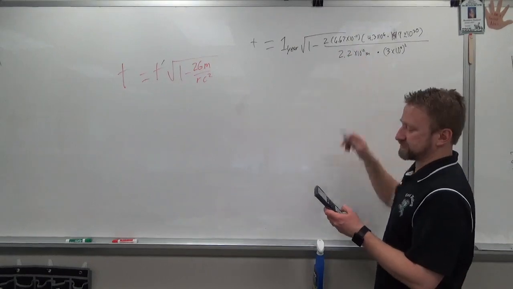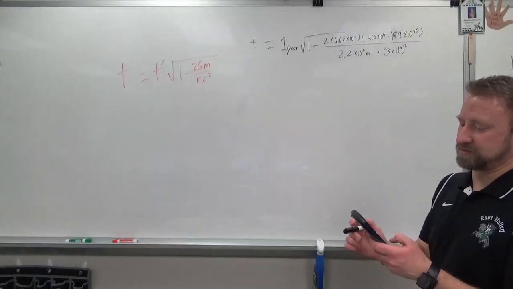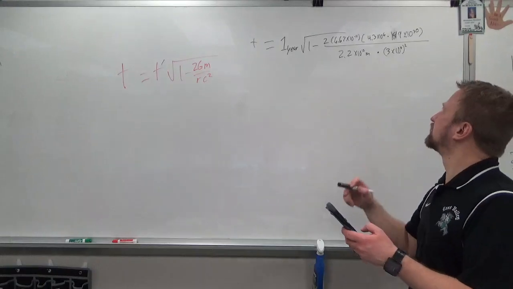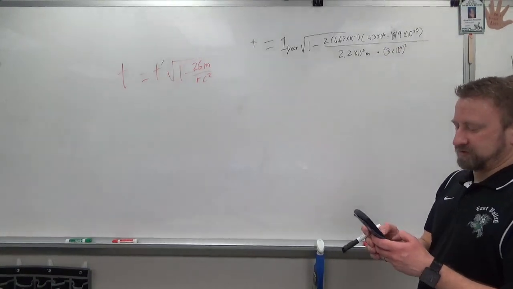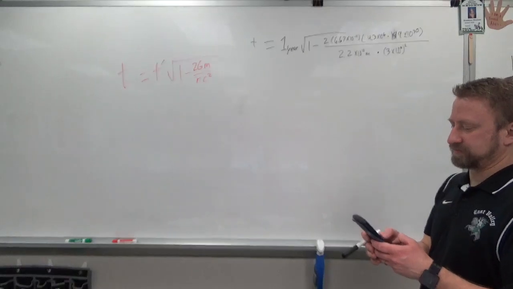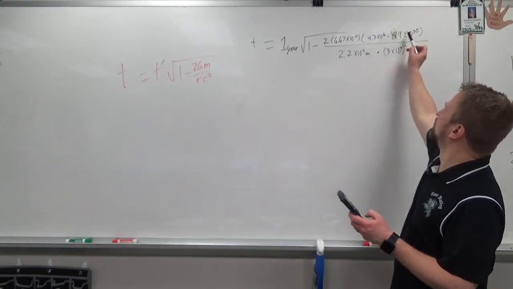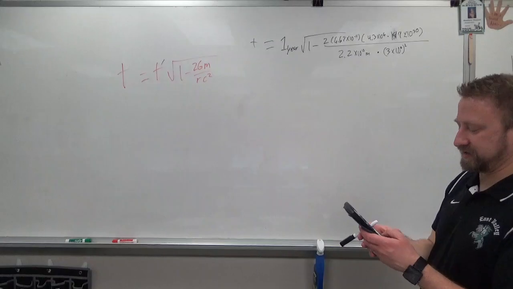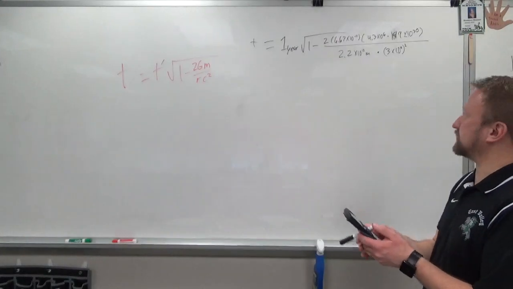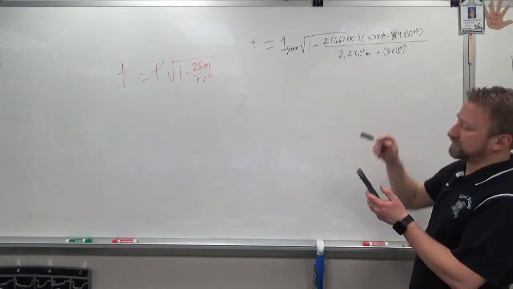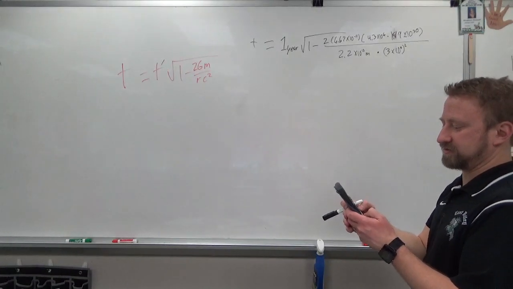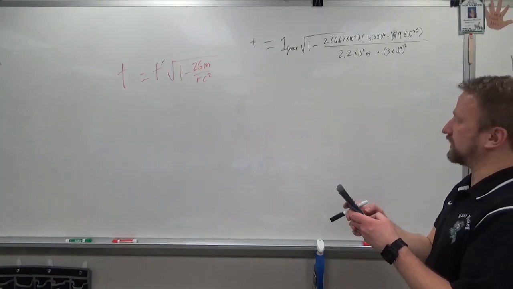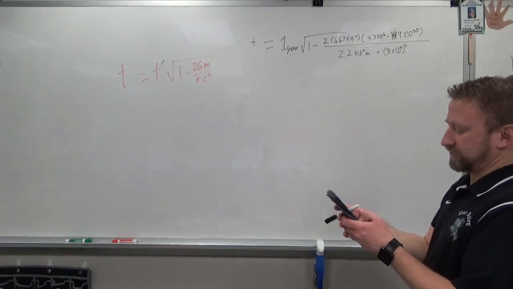That gives me 1.33 times 10 to the negative 10th. But I'm going to multiply it by our solar masses, so I'm going to put it in parentheses and multiply by my solar mass, times 1.99 times 10 to the 30th.